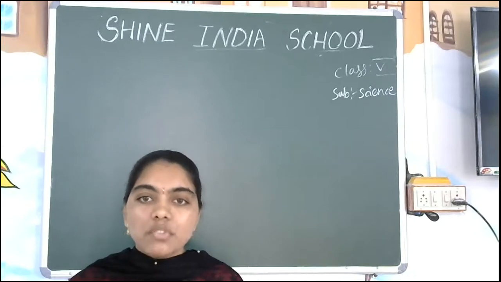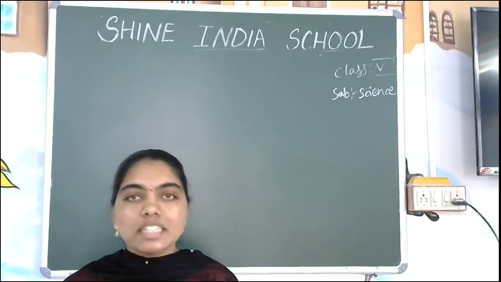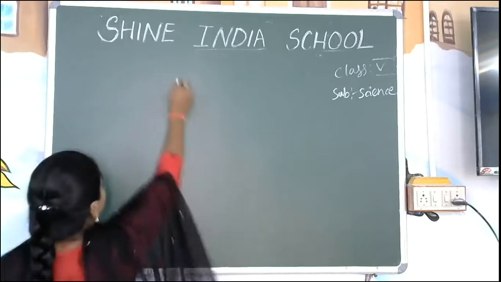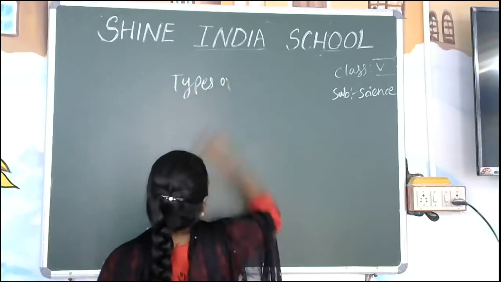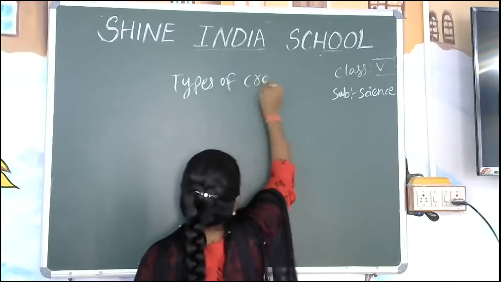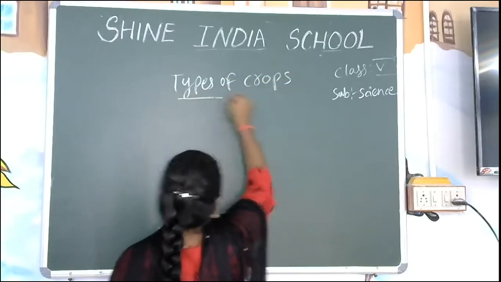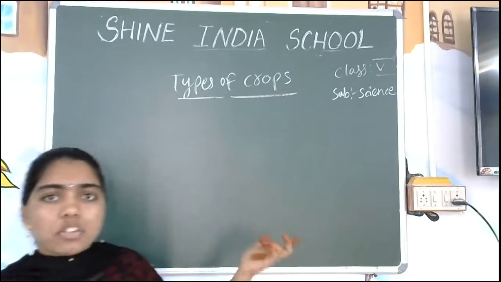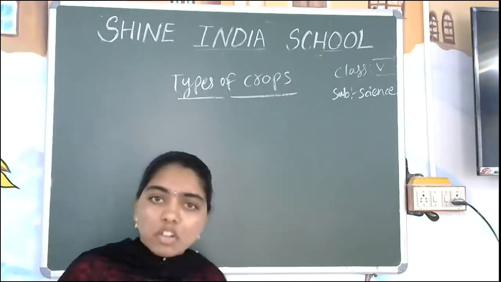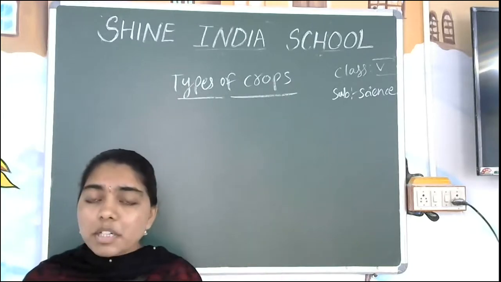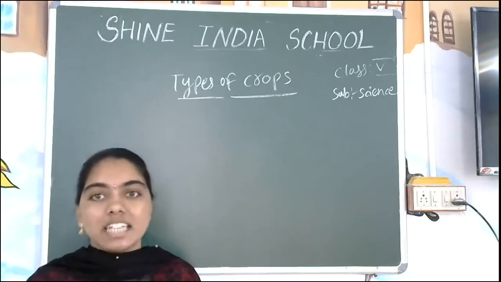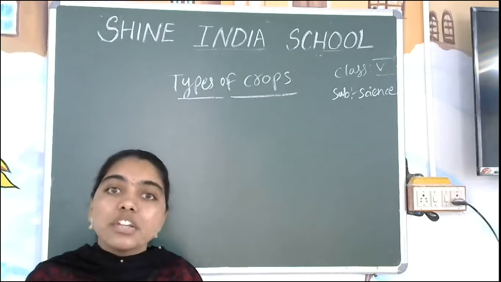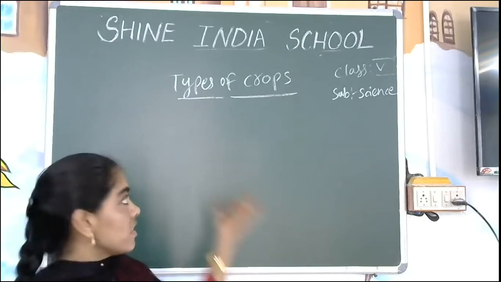And next, today we are going to start a new topic, that is the types of crops. Okay. We have seen today about the crop. What is meant by crop? Yes, growing plants in a particular area or particular place which are useful for us is called a crop.